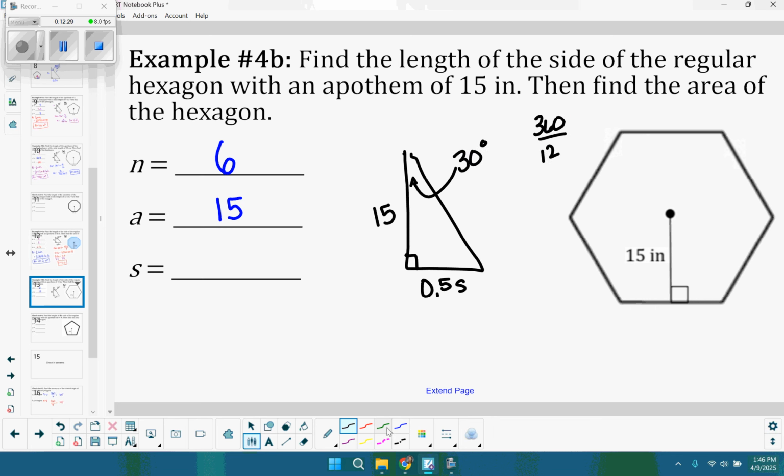So tangent 30 equals 0.5s over 15. So it's going to be 0.5s equals 15 times the tangent of 30. So that's 0.5s equals 8.7. And when we divide by 0.5, s is 17.3.